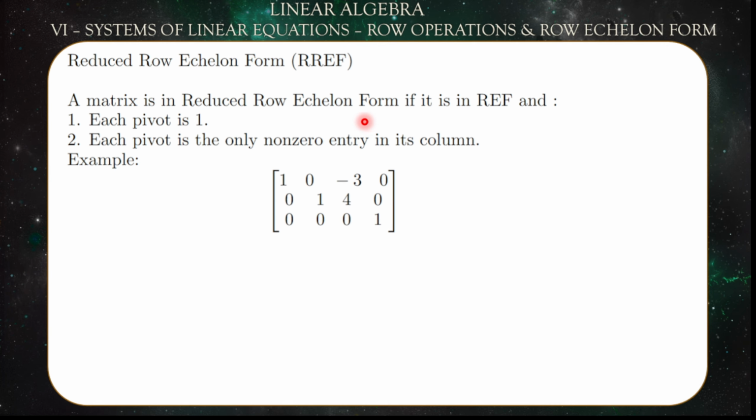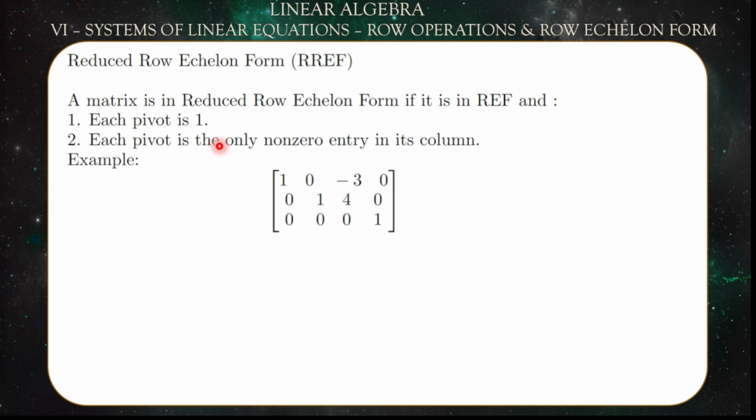Another important concept is the RREF, which is the reduced row echelon form. What is a reduced row echelon form? It is an REF in which each pivot within the matrix is 1.